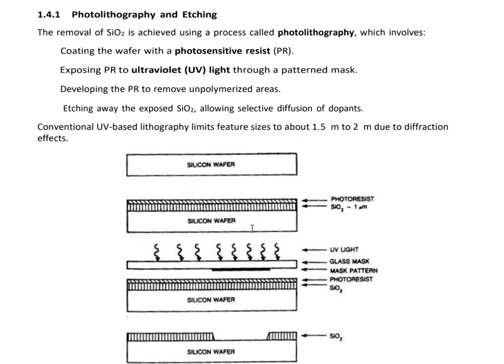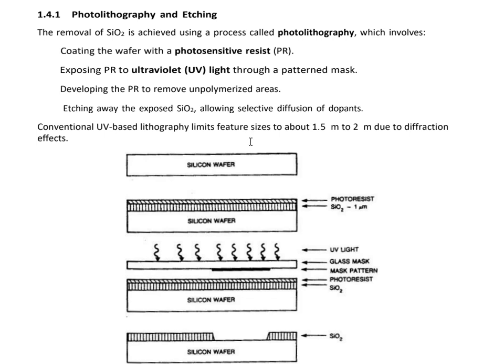The next process is photolithography and etching. Removal of the SiO2 layer is achieved by a process called photolithography, in which we coat the wafer with PR, which is photosensitive resist, and expose the PR to UV light through a patterned mask. It develops the photolithography.